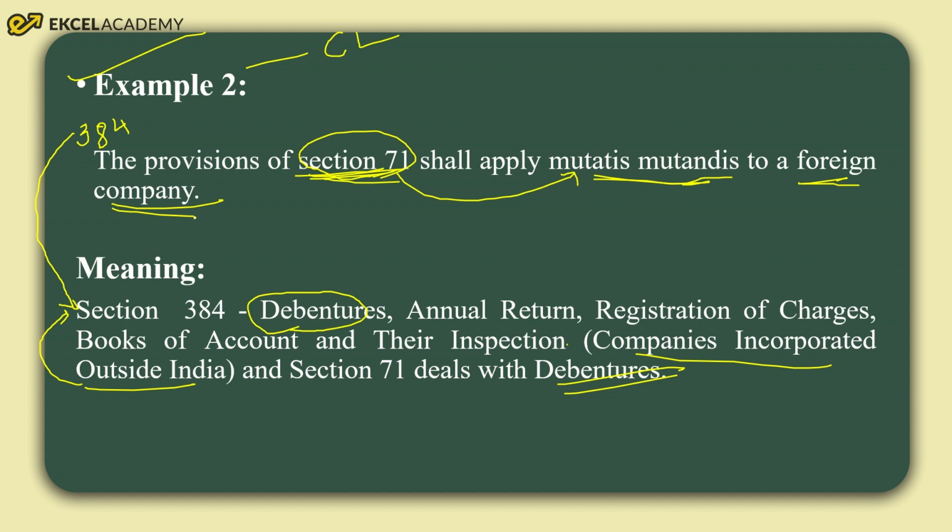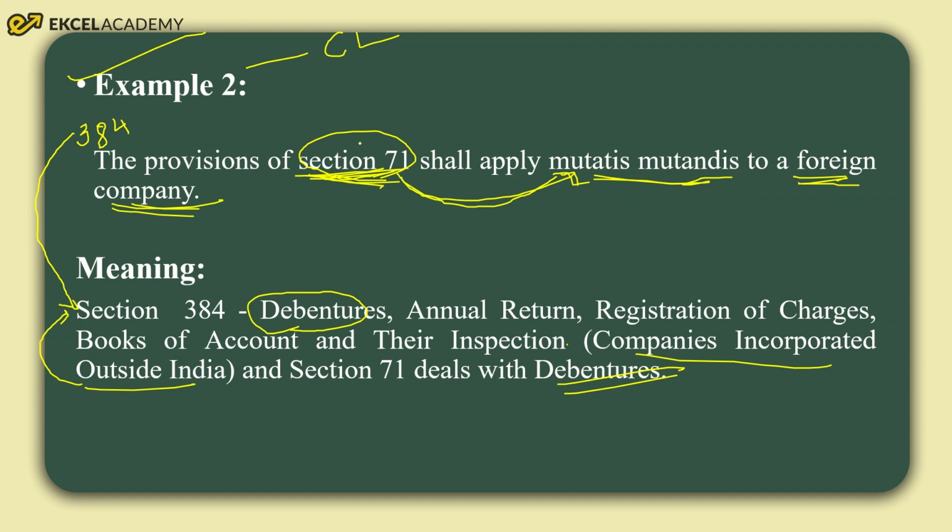So, the basis of this section is that the concept or the provisions laid down under Section 71 with respect to debentures of Indian companies will apply to the debentures issued by the companies incorporated outside India, provided certain changes are made. So, this sentence can be read as the provision of Section 71 shall apply mutatis mutandis to a foreign company.